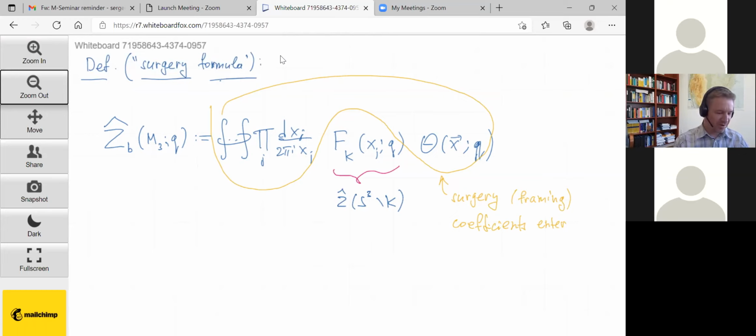So in this approach, based on surgeries, such surgery formulae are completely universal, but the question becomes how we construct this integrand F_K, or F hat, of a link complement for knot and link complements.